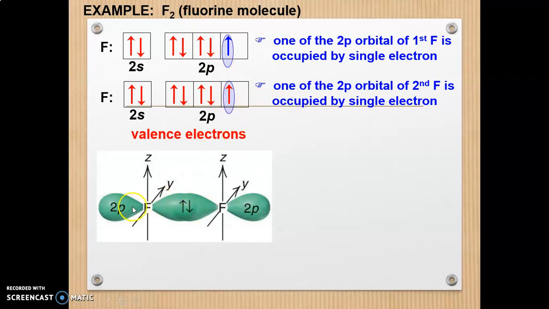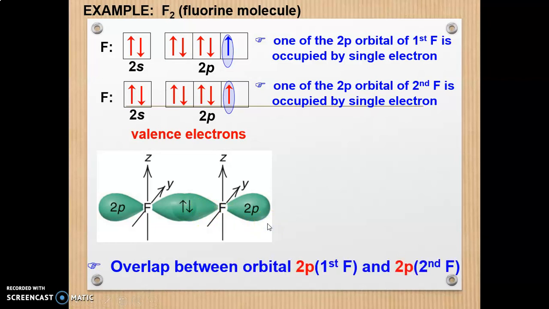So the first fluorine has one single electron, and this electron will pair up. So overlap between orbital 2p of the first fluorine and 2p of the second fluorine will form a sigma bond.